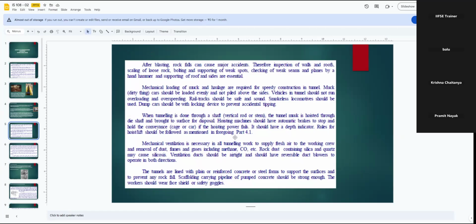Then when tunneling is done with a shaft or vertical stem, the tunnel muck is hoisted up the shaft and brought to the surface. These are vertical as well as horizontal.